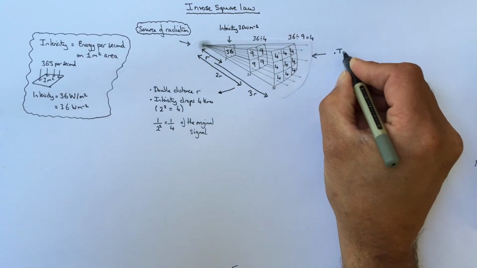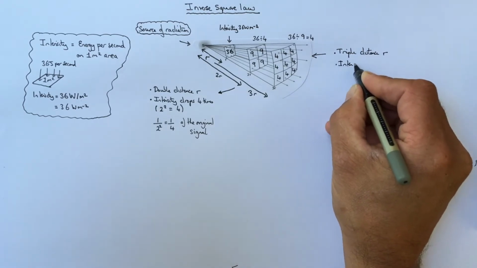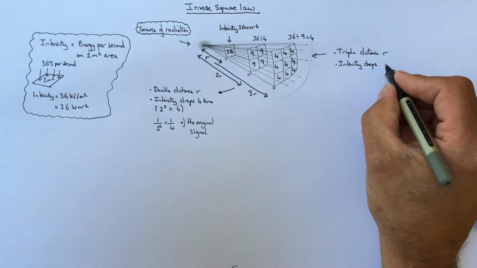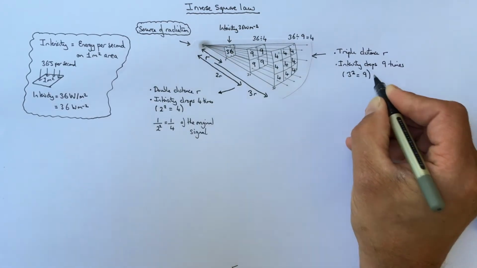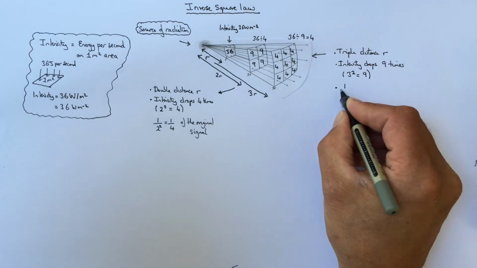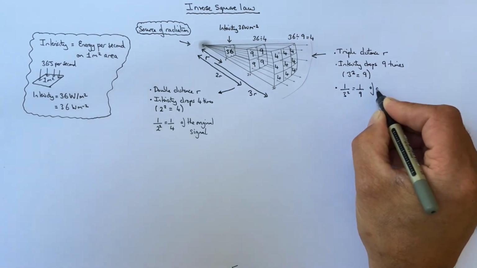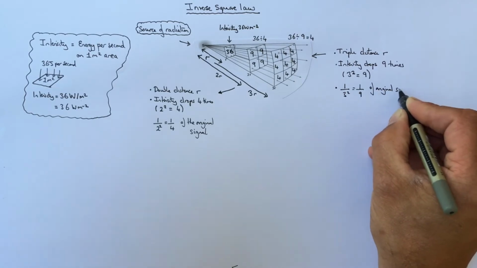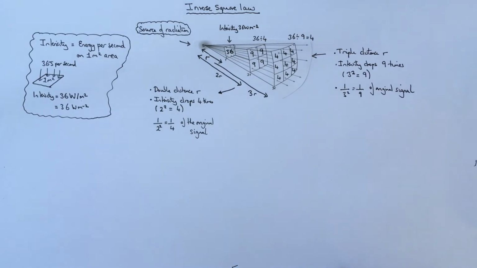Tripling the original distance r means the intensity drops 9 times. That's 3 times the original distance squared, which equals 9. Therefore, the intensity at 3 times the distance away is only 1 over 3 squared, which is a ninth of the original signal. So it's dropped 9 times.